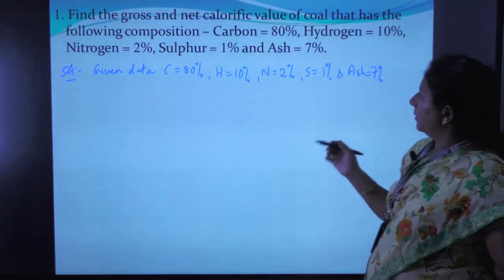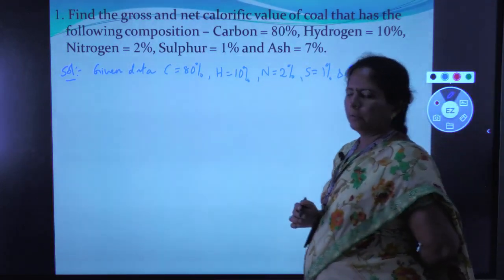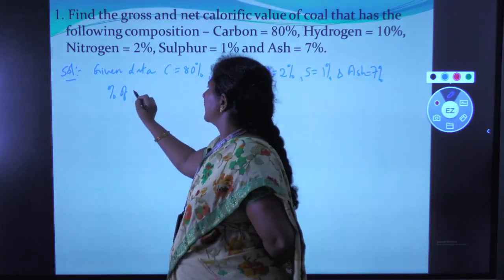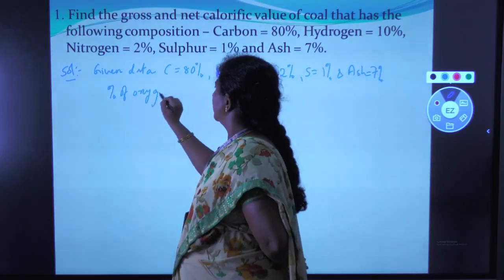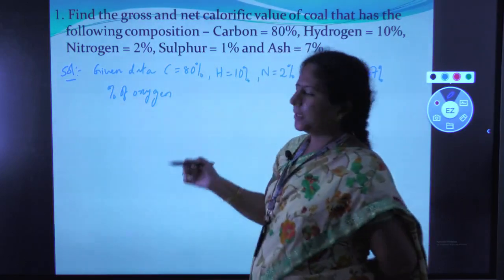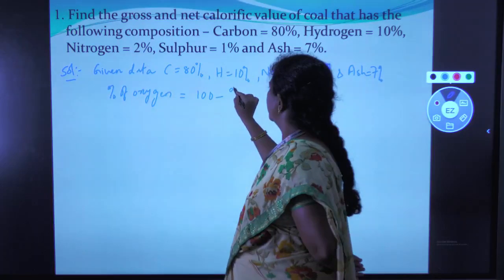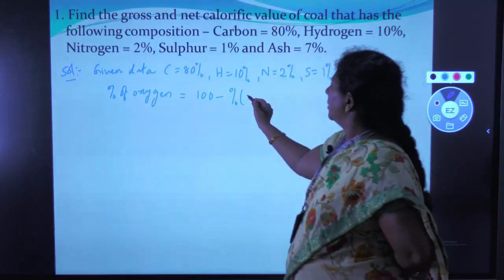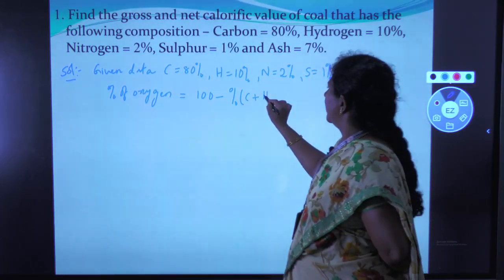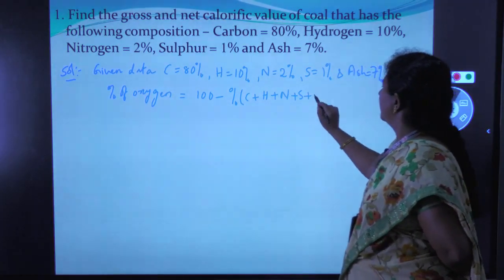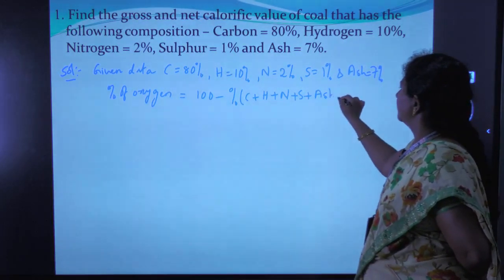Here percentage of oxygen is not given. So first we will find the percentage of oxygen. Percentage of oxygen is equal to 100 minus percentage of carbon plus hydrogen plus nitrogen plus sulfur plus ash.